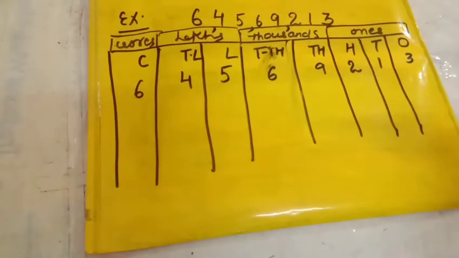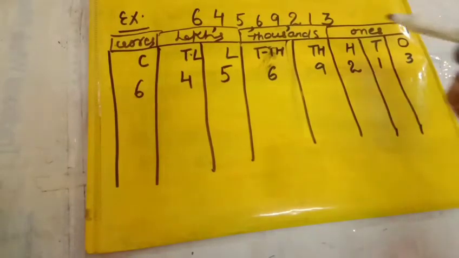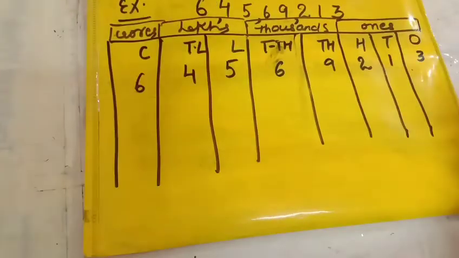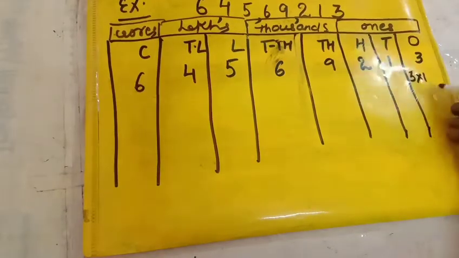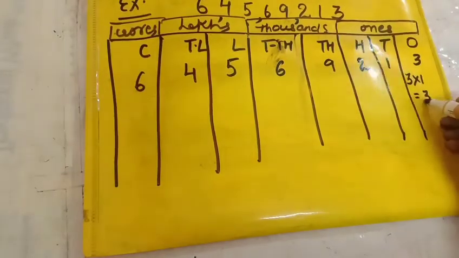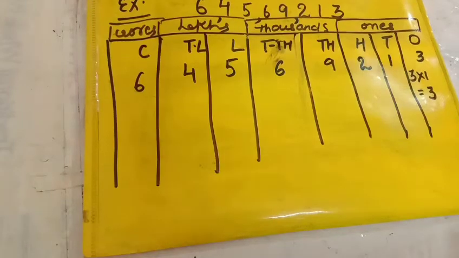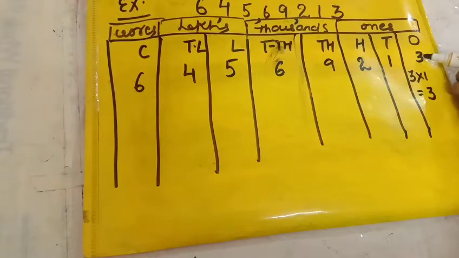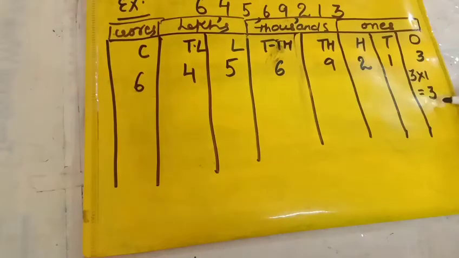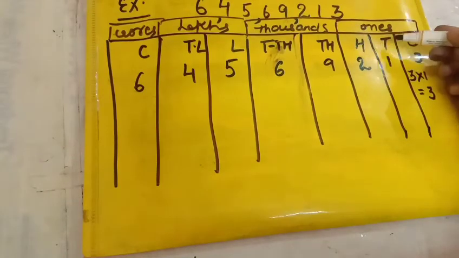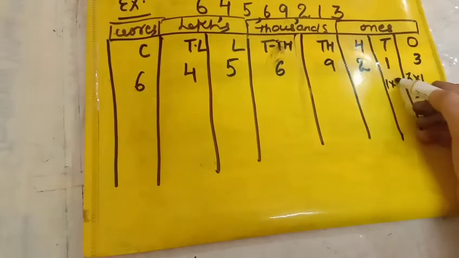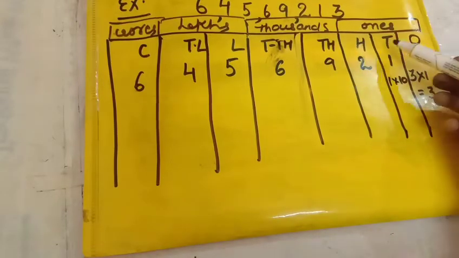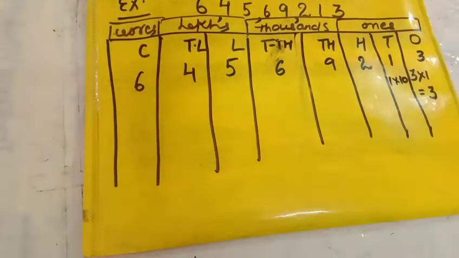Now to find out the place value of each digit, we have 3 in ones column, so 3 into 1, that is 3. The place value of 3 in this number is 3. 1 in tens column, so 1 into 10. टेंस है तो इसकी 10 से मल्टीप्लाई करेंगे.